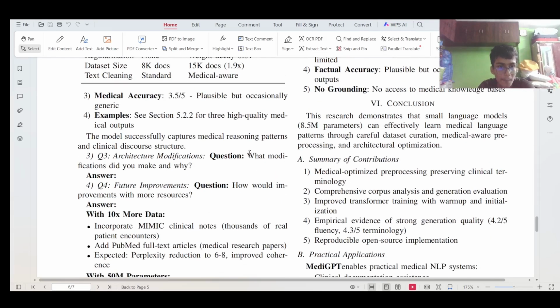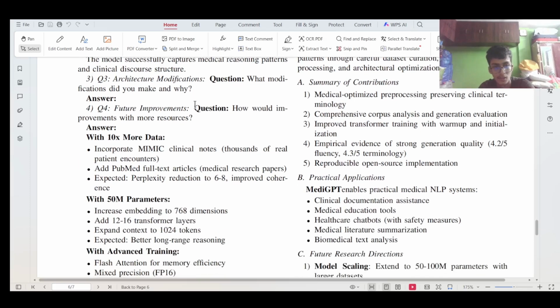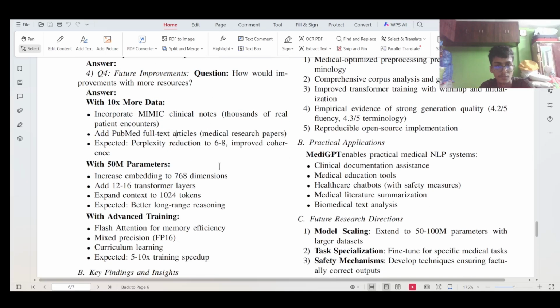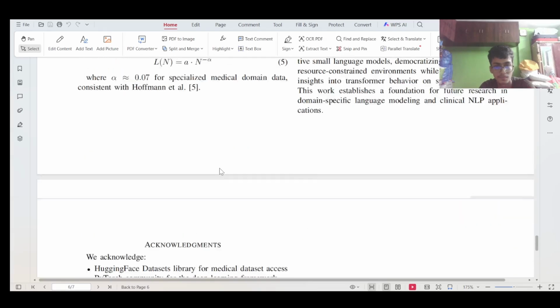Medical accuracy is relatively low because, as I said earlier, whenever I generated some text, sometimes you can see some sentence mismatch, or you can't say whether the numbers are correct or not. That is what will improve with more resources. So these are all the things.